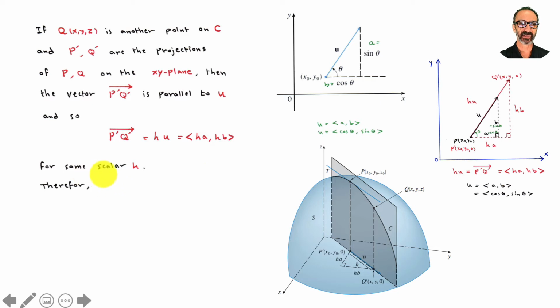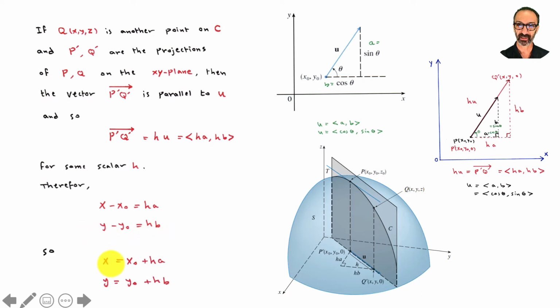For some scalar h, therefore, we have the difference right here from x sub 0 to some x will be ha, and the difference in y will be hb.